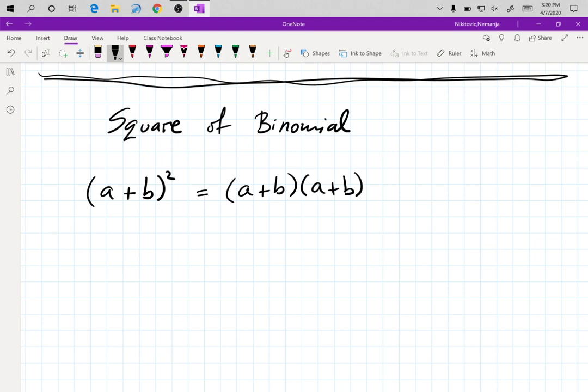So I have now (a plus b) squared. Therefore, I write (a plus b) times (a plus b). Again, we FOIL. I get a squared plus ab plus ba plus b squared.